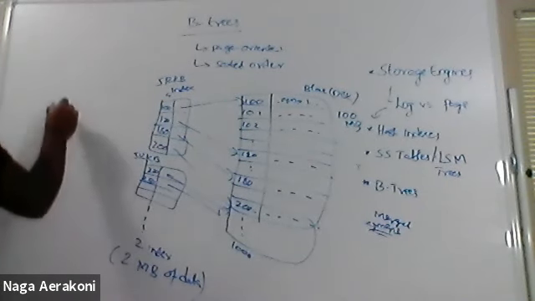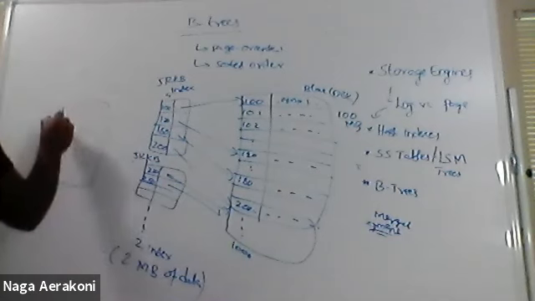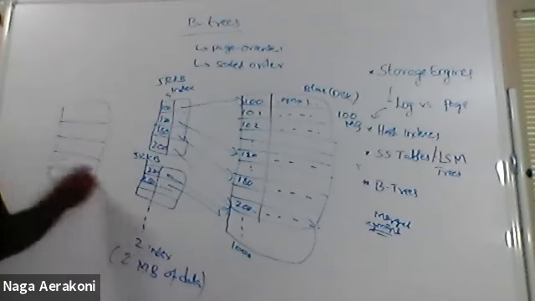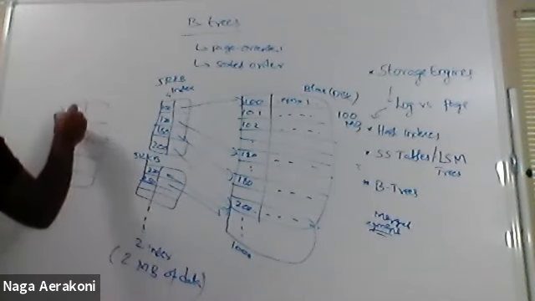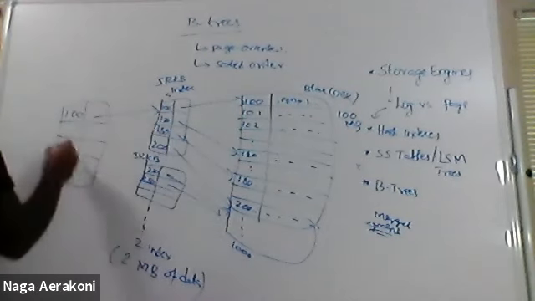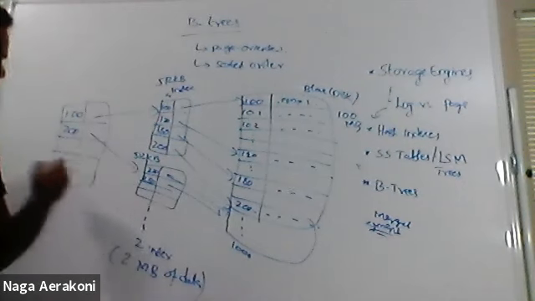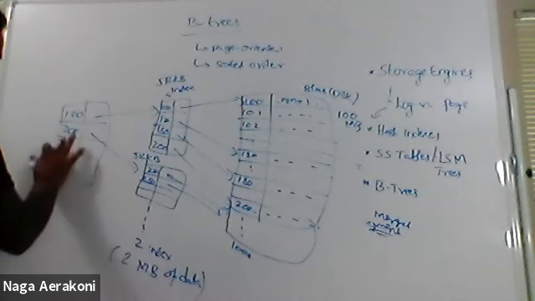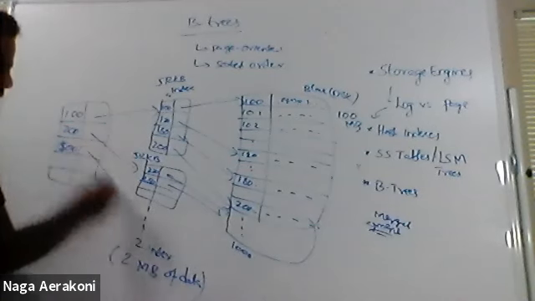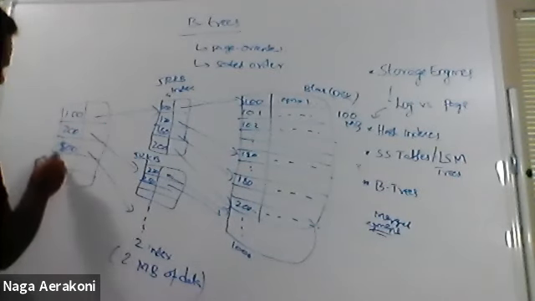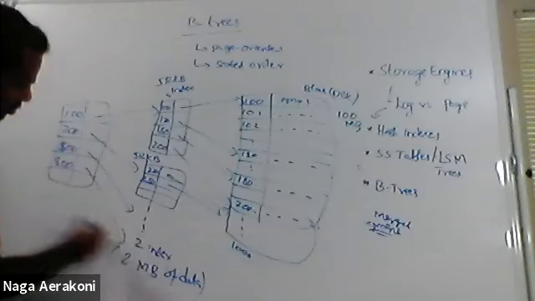Let's keep another master index: say 100 points to this first block, and 200 points to this other block, another, let's say 500, points to this third one, and 800 points to this fourth one.